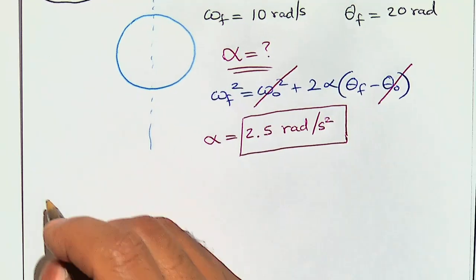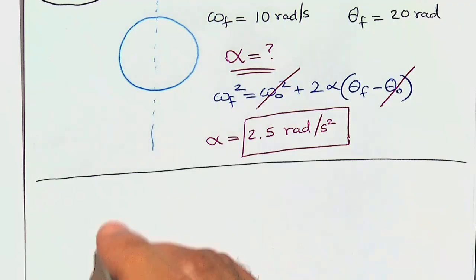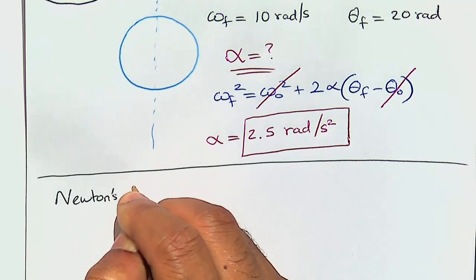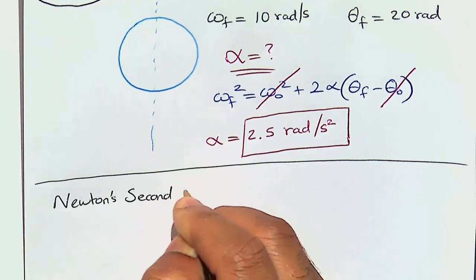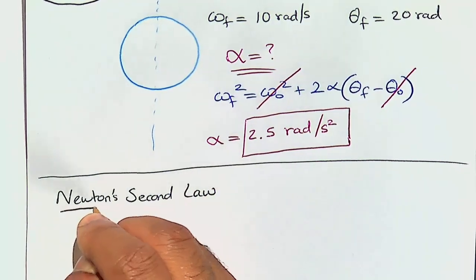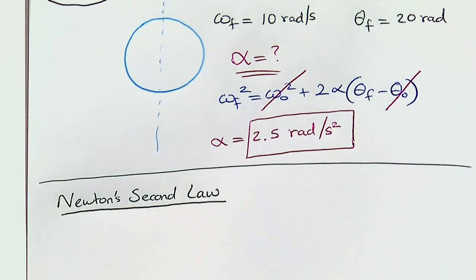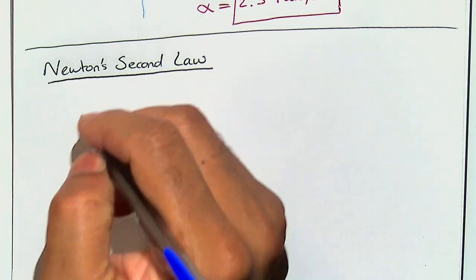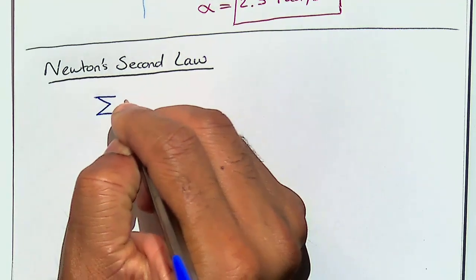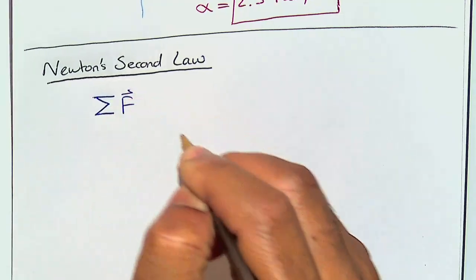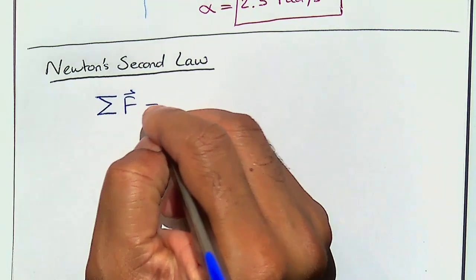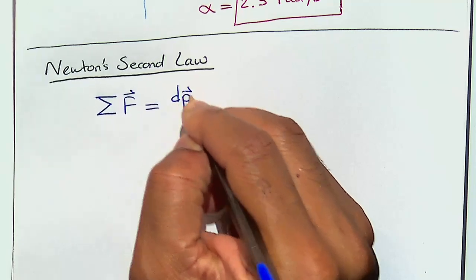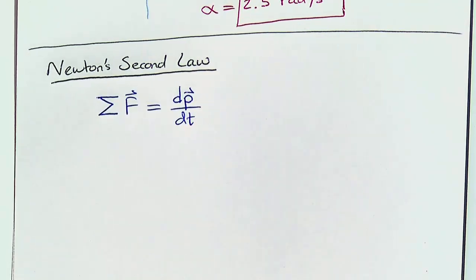So when we wrote down Newton's second law earlier for the linear case, we said very generally what that means is when you sum all the forces on an object, if there is a net force, it will cause momentum to change with time, right?